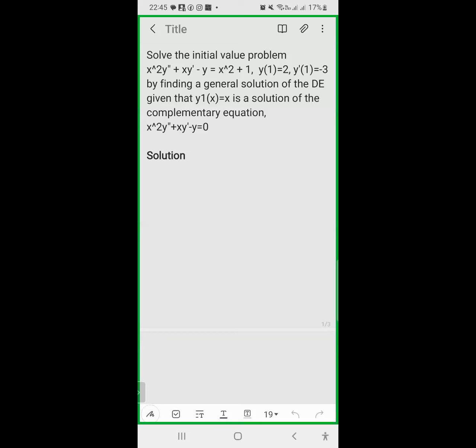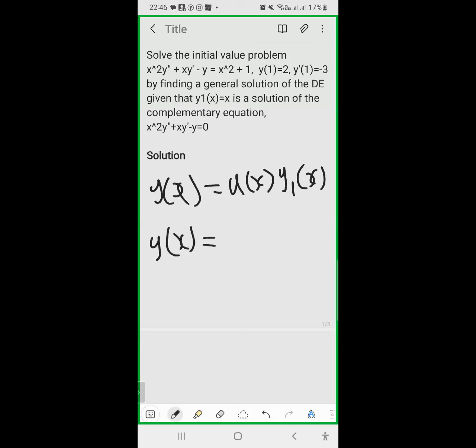By the method of reduction of order, we first assume that our general solution y of x is in the form u of x multiplied by y1 of x. Therefore, the general solution y of x will be equal to u multiplied by y1 of x, which is simply x.